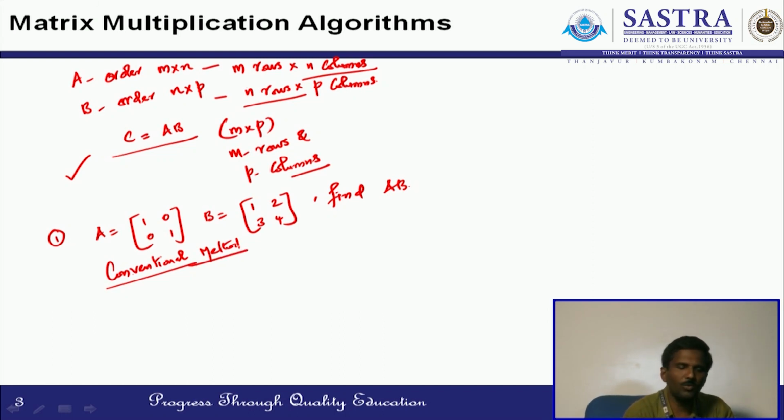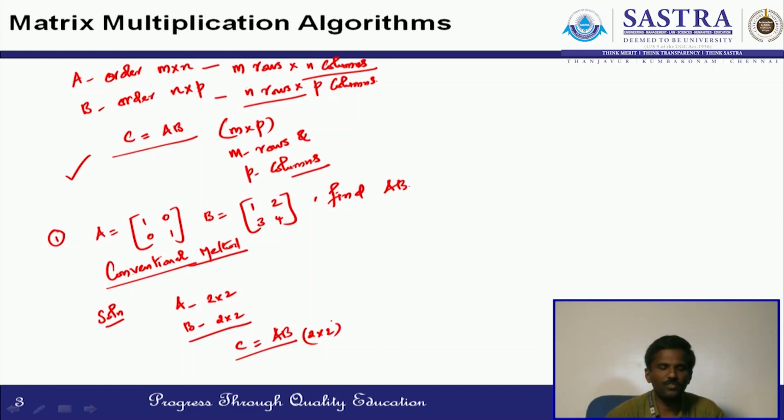Clearly, A is of order 2 by 2 and B is of order 2 by 2. So we can find C equals A into B, such that the resultant matrix also has an order 2 by 2.